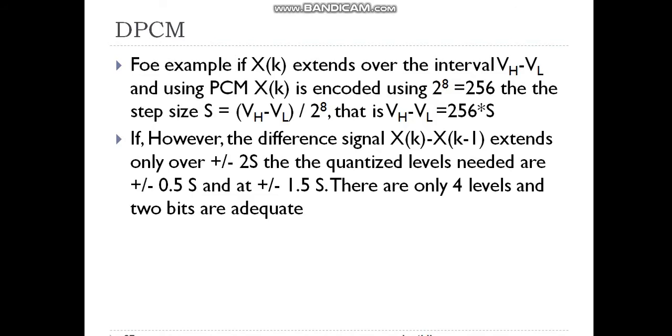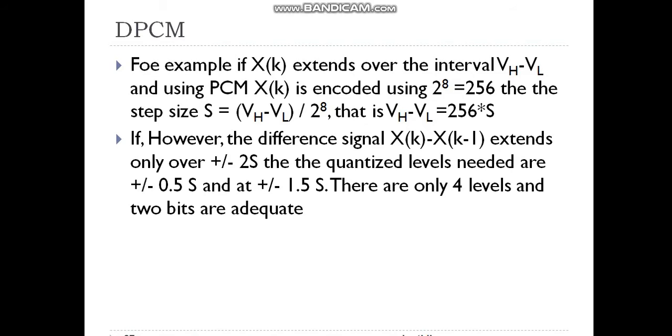For example, if x of k extends over the interval Vh minus Vl, and using pulse code modulation x of k is encoded using 2 power 8, that is 256 levels. So the step size is s equal to Vh minus Vl divided by 2 power 8, that is Vh minus Vl equals 256 times s.